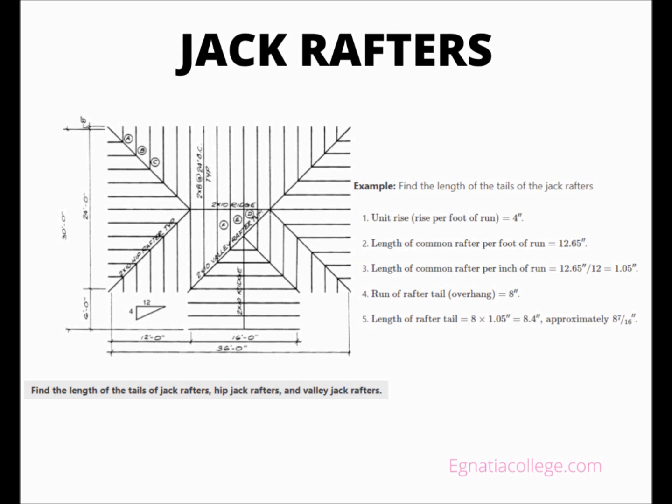Length of common rafter per inch of run is 12.65 inches divided by 12, equal to 1.05 inches. 4. Run of rafter tail, overhung, is 8 inches. 5. Length of rafter tail equals 8 times 1.05 inches, equal to 8.4 inches, approximately 8 and 7/16 inches.